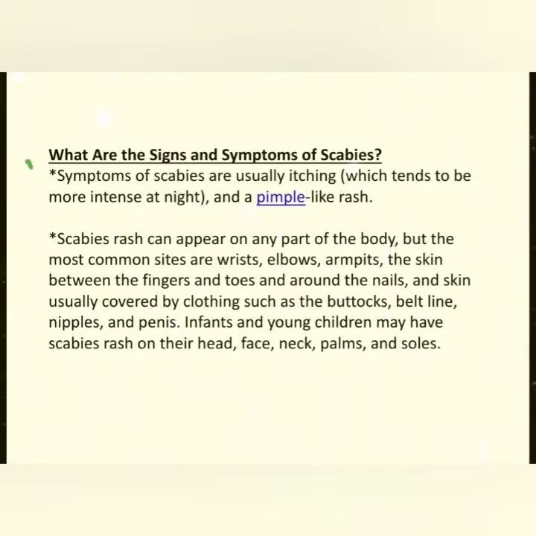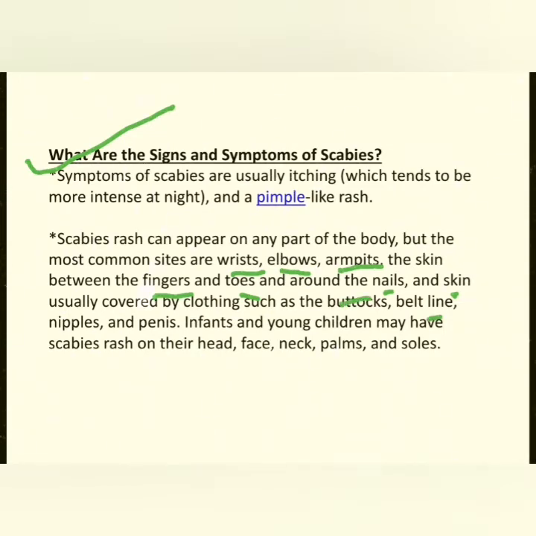Moving on to the signs and symptoms. Symptoms of scabies are usually itching, which tends to be more intense at night, and a pimple-like rash, as you can see in the picture. The scabies rash can appear on any part of your body, but the most common sites are the wrist, elbows, armpits, skin between the fingers, toes, nails, and skin usually covered by clothing.